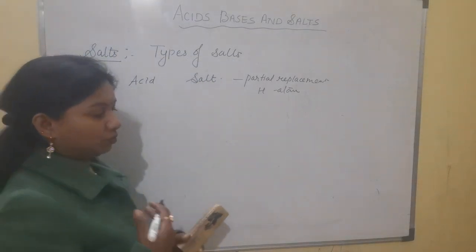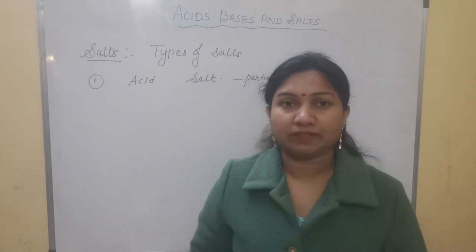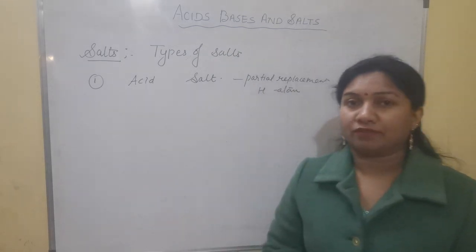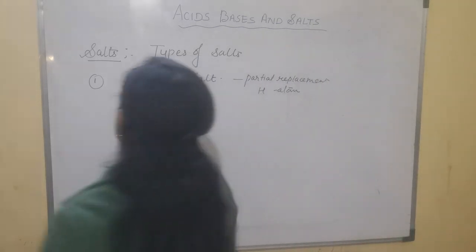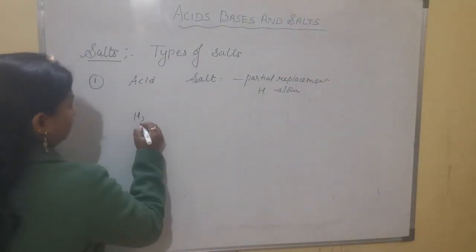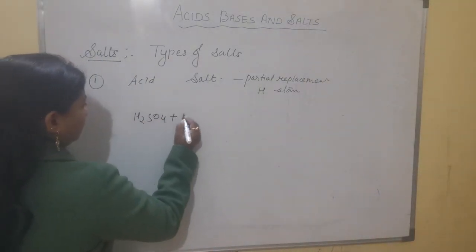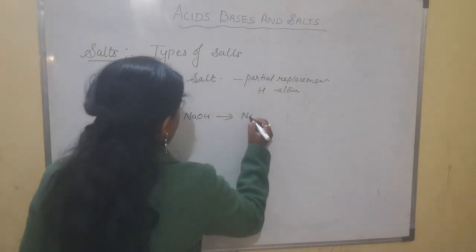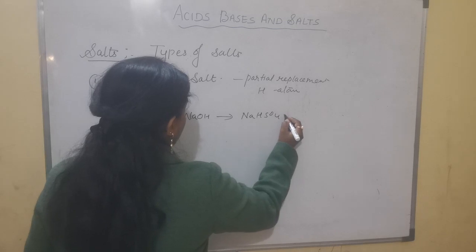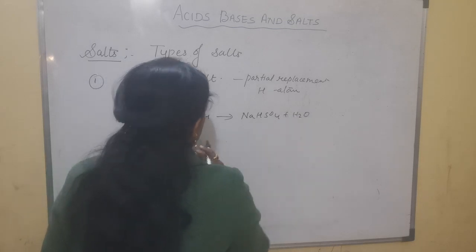To make this partial replacement, you definitely have to take an acid that contains more than one hydrogen atom, like H2SO4, and NaOH. You are getting NaHSO4 plus H2O.